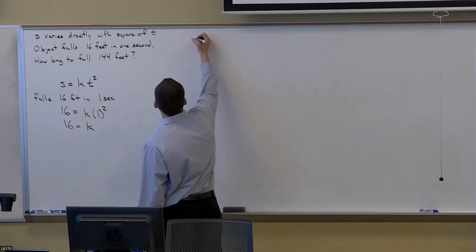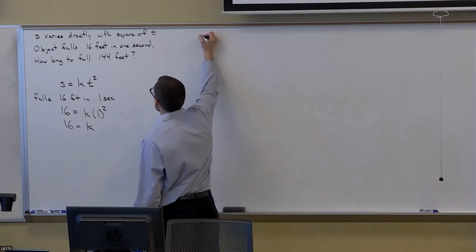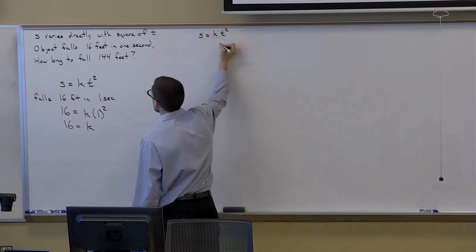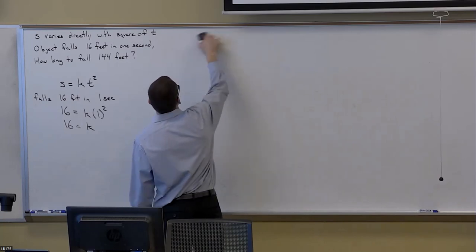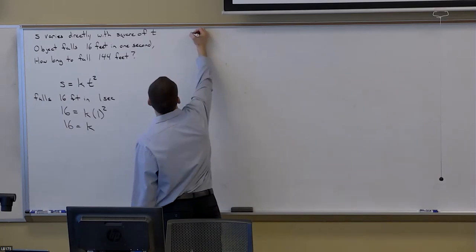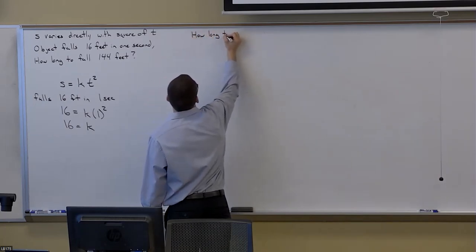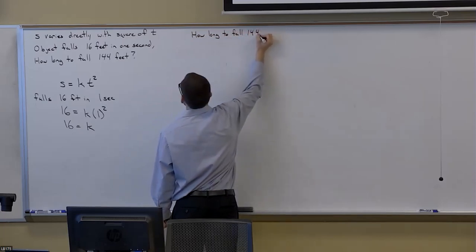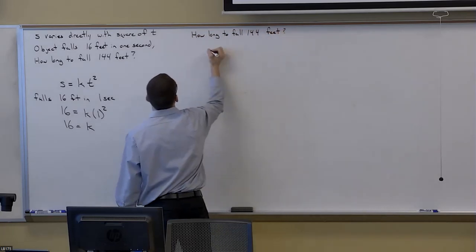All right. So we know that S is equal to K times T squared. And how long to fall 144 feet? Let me write that down. How long to fall 144 feet? Gotta answer that.